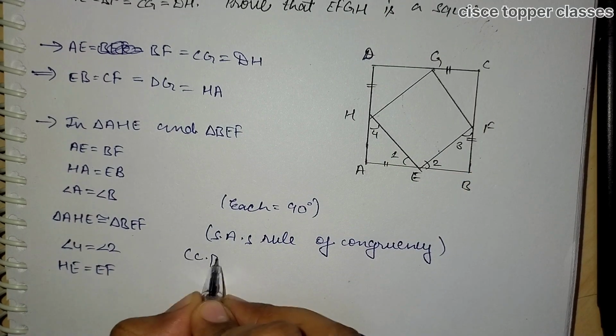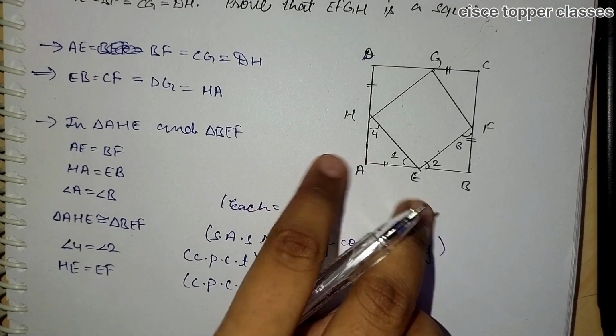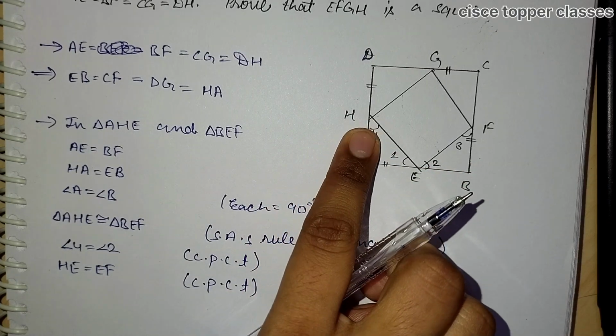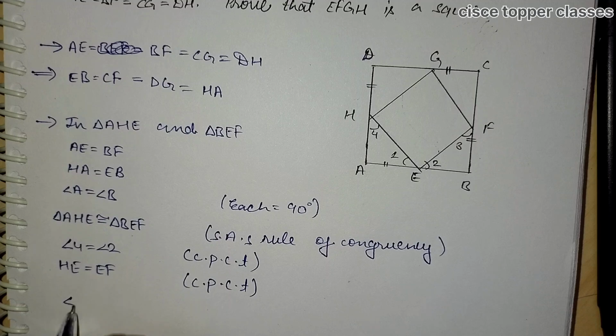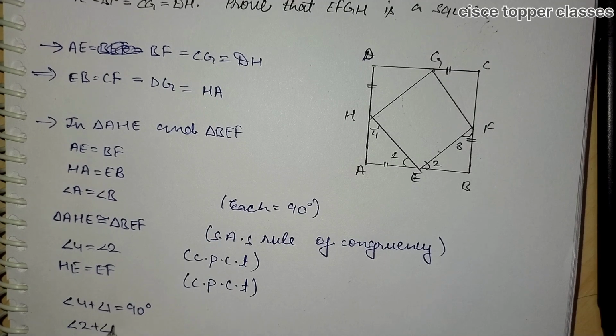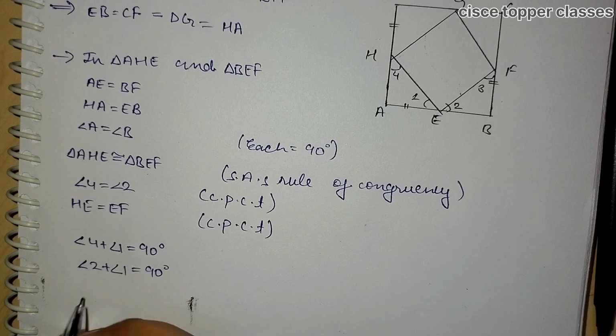By CPCT we can write, because angle A is equal to 90 degree, angle 4 plus angle 1 is equal to 90 degree. As angle 2 is equal to angle 4, we can write angle 2 plus angle 1 is equal to 90 degree, and hence angle HEF is equal to 90 degree.